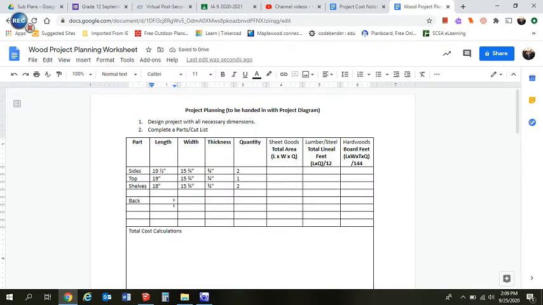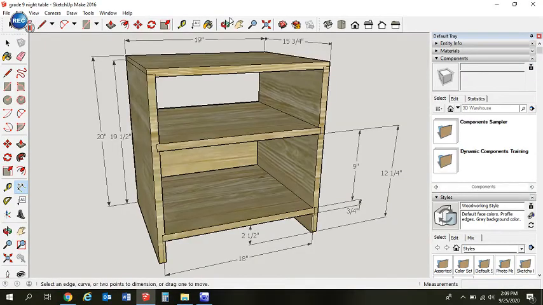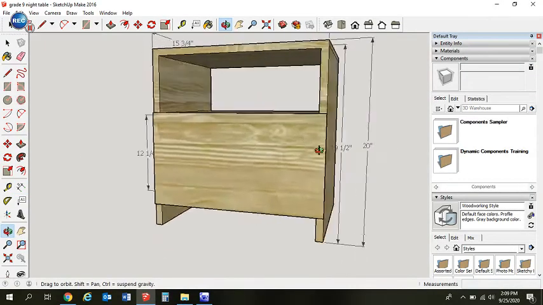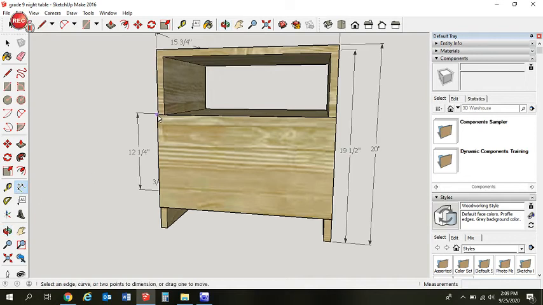So the back, and the back size is something that we forgot to dimension. So quickly, let's figure that out. Well, it's going to be the full width, so that is 19 inches, and the height of our back is going to be 10.5 inches.